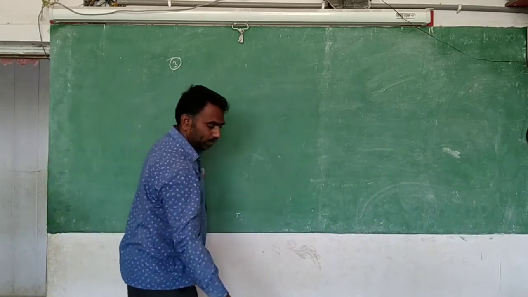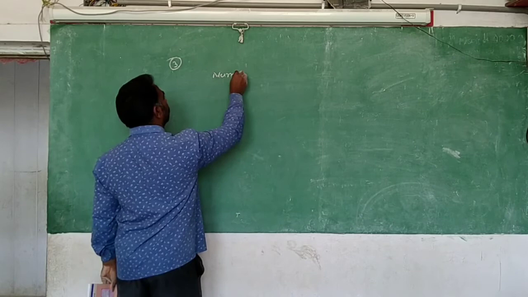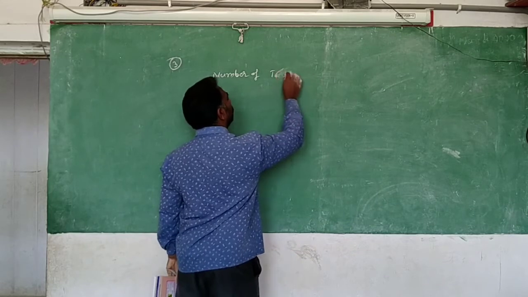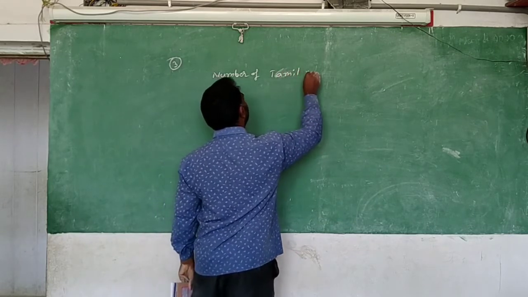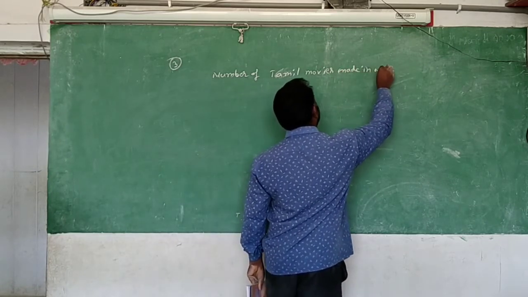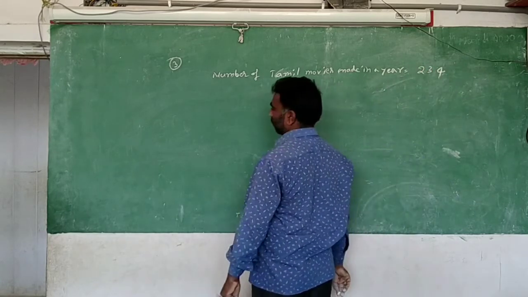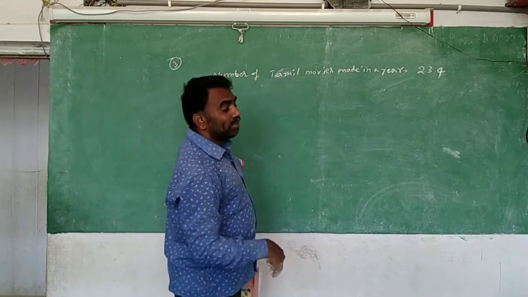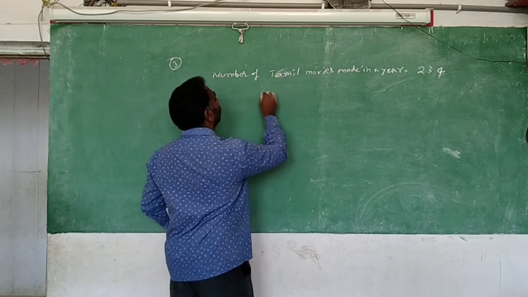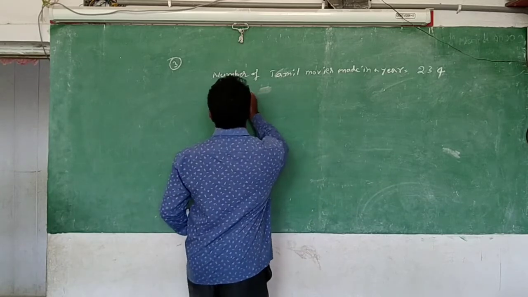You can do it. So what are the steps I will write first here? Number of Tamil movies made in a year. How many? 234. Then what do you know? 67 more Telugu movies.